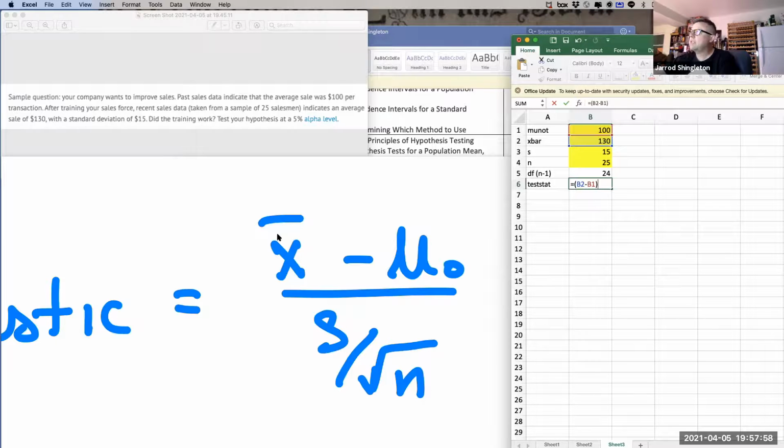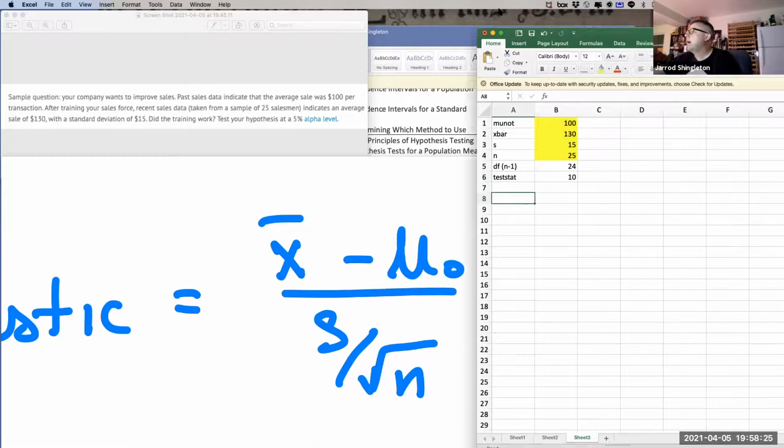I can already tell because this is bigger than this, divided by, now I'm very careful here because Excel is very stringent about the order of operations. I put parentheses around this denominator. S divided by SQRT, the square root of N. That's 5, right? So I can calculate it myself. But if I want to make a template, I'm just going to put this in there as a formula, right?